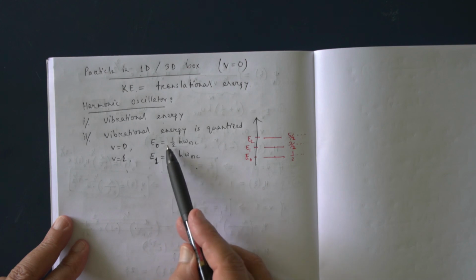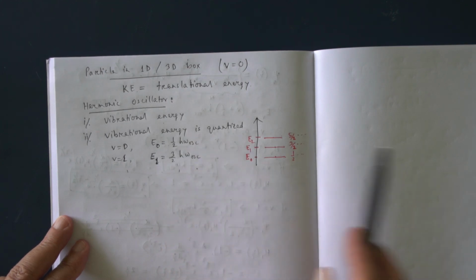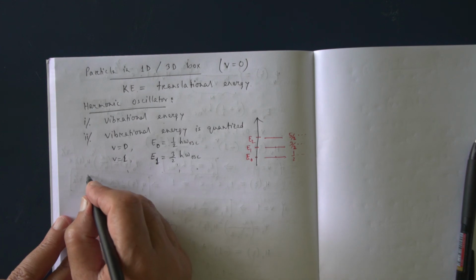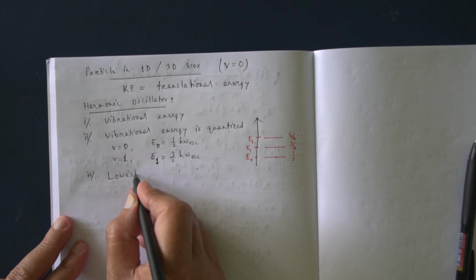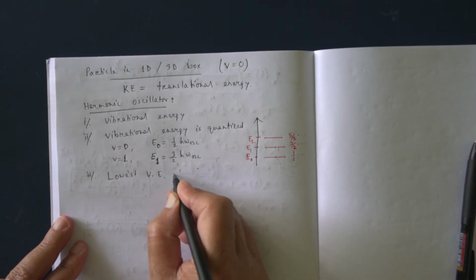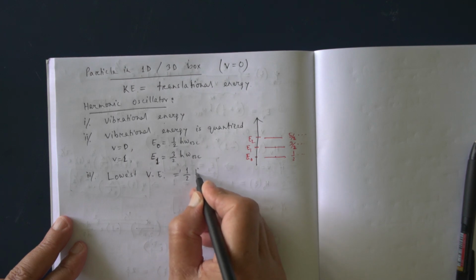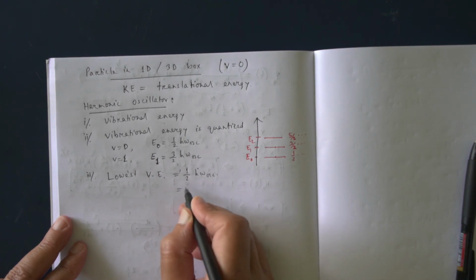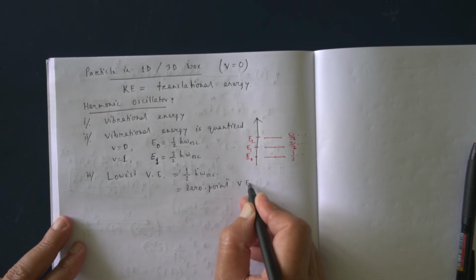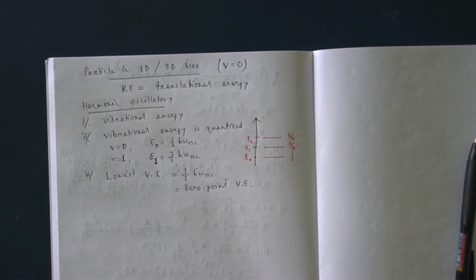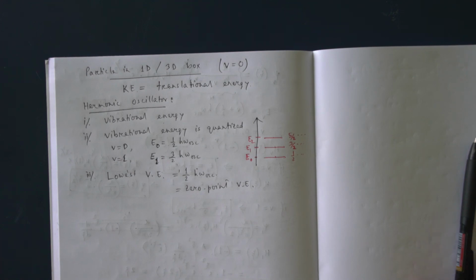The lowest vibrational energy is half h omega oscillation, and that is called the zero point vibrational energy.